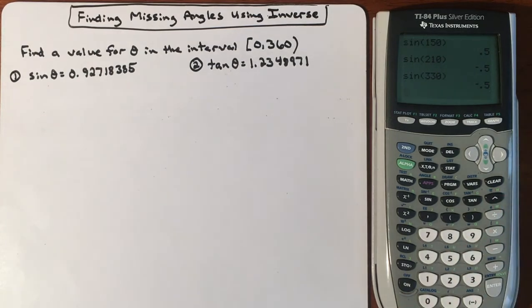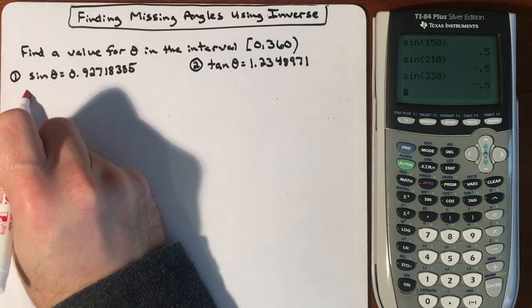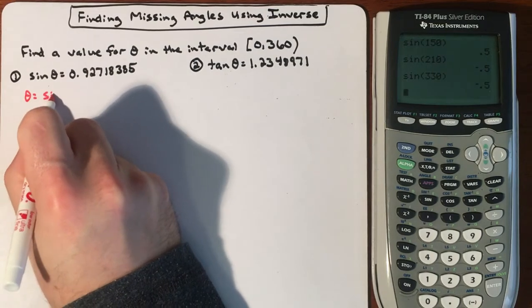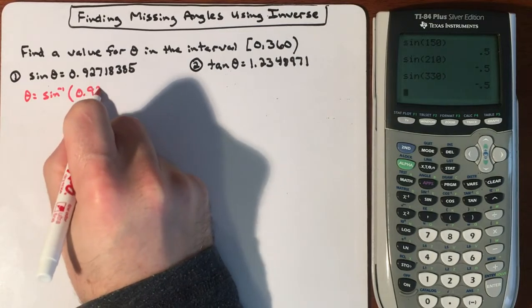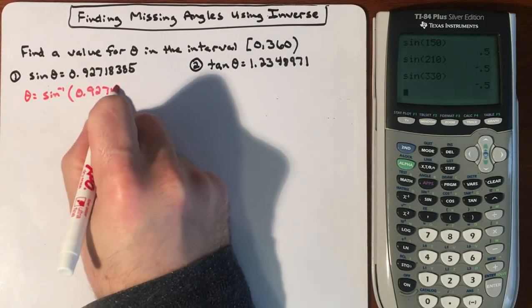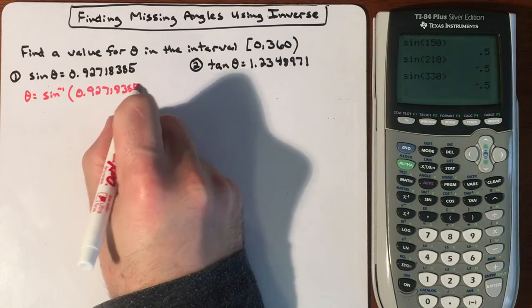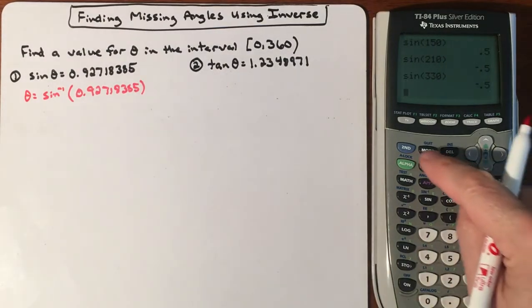So if we're going to evaluate that, theta is going to equal the inverse sine of that decimal, 0.927183835, and we'll inverse sine that.